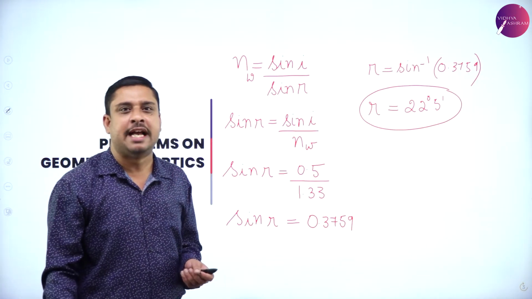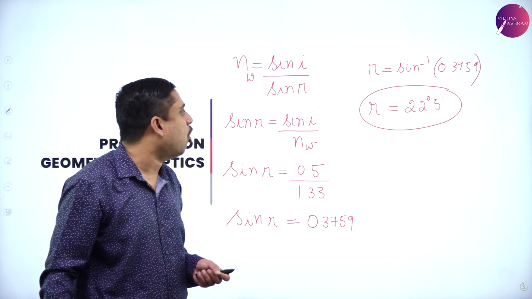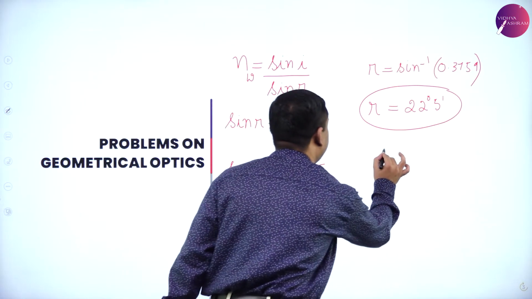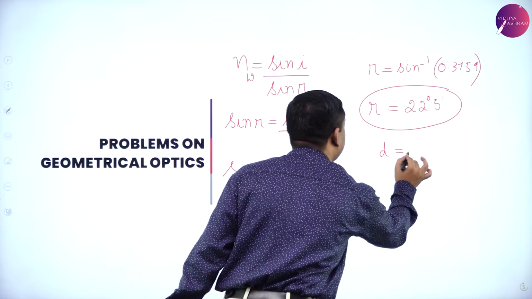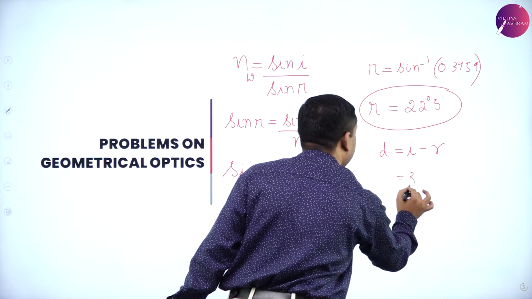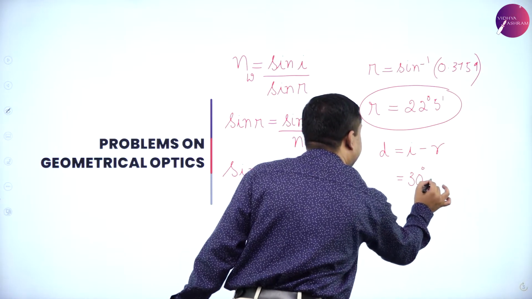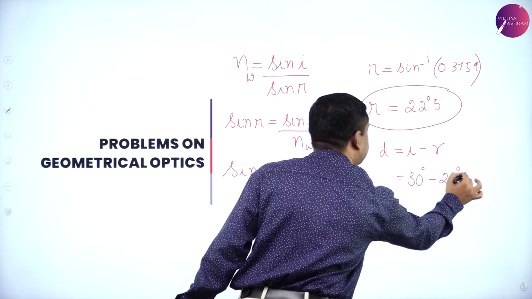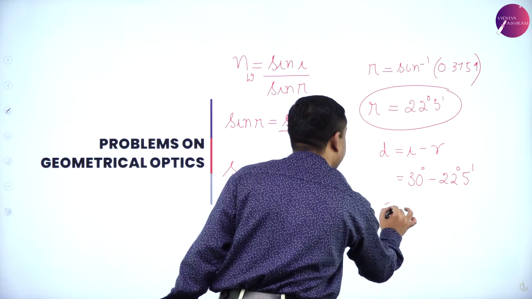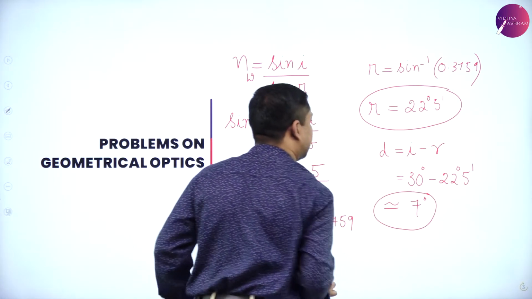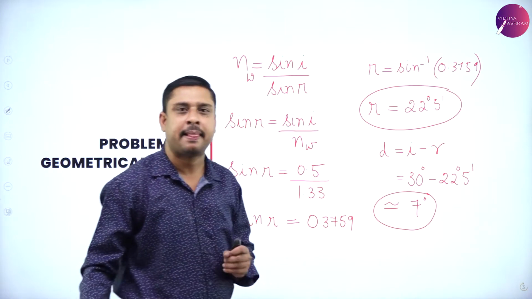I have calculated the value of R, angle of refraction. Now what is D? I minus R, 30 degrees minus 22 degrees 5 minutes, nearly 7 degrees is the answer.